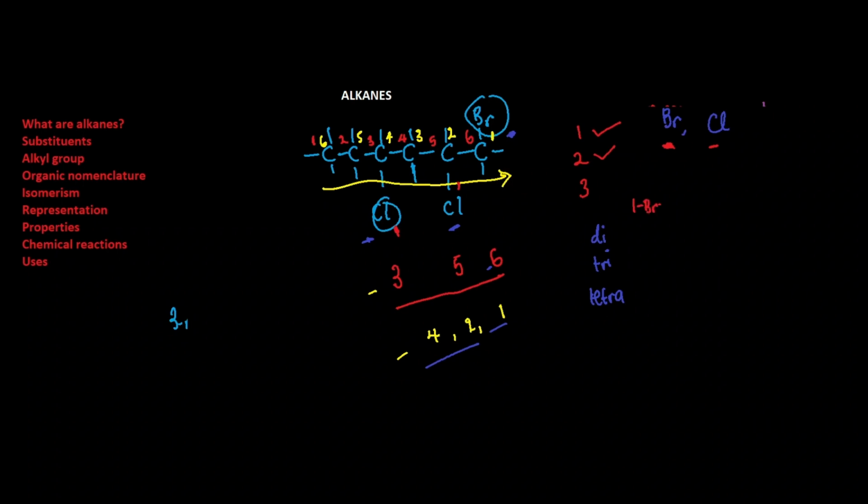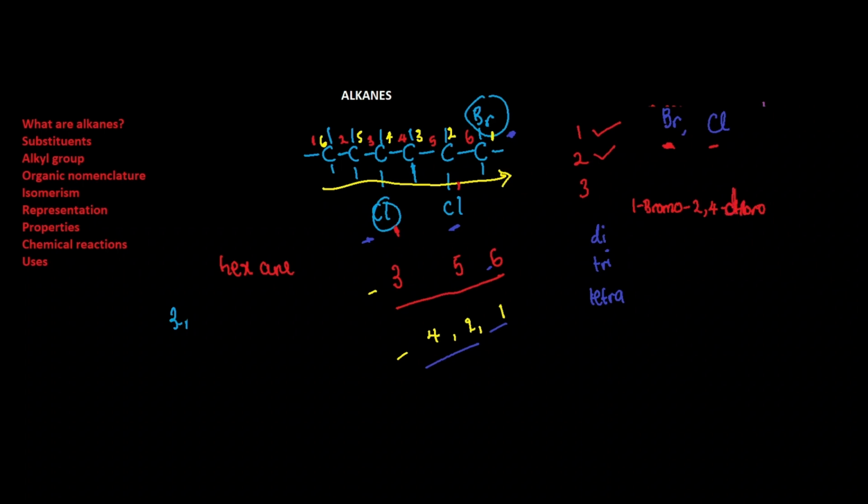So this compound is going to be named 1-bromo, 2,4-dichloro. Now it has 6 carbon atoms, so we know that we'll be making use of the prefix hex and the root ane.